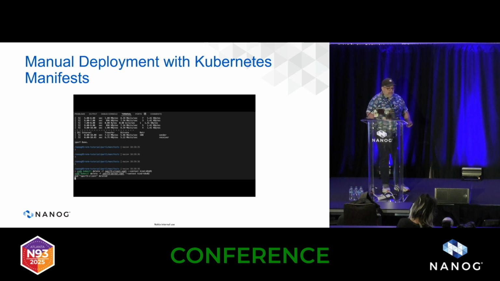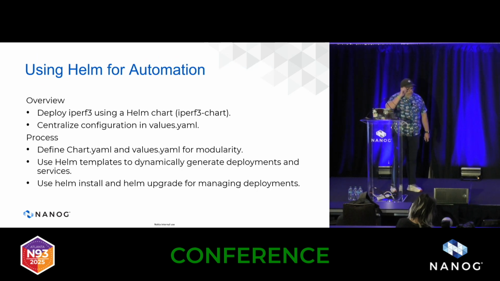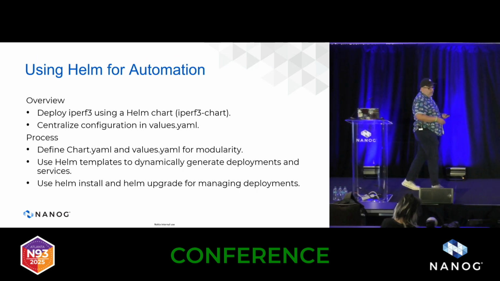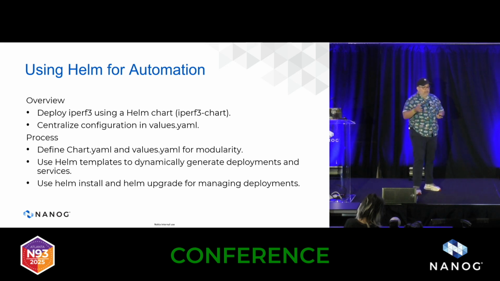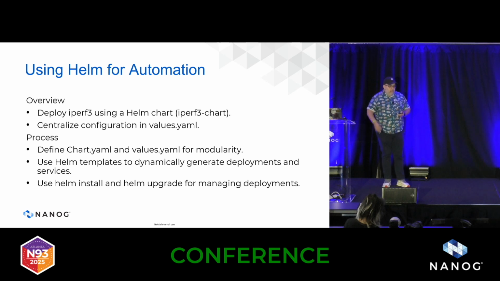Okay, the next one on the evolution of deploying Kubernetes will be doing Helm for automation. So in overview for Helm, we're going to deploy something called a Helm chart, which is going to use the same image, iperf3, but in this case, we had to define a chart with all the structure and files needed in order to rely on Helm for automation.